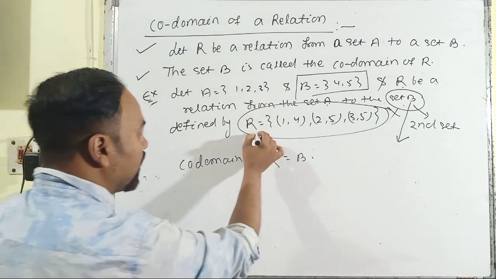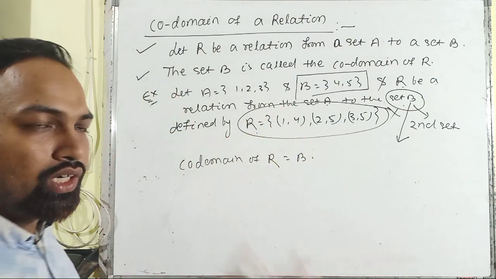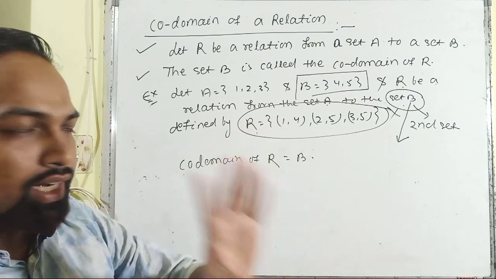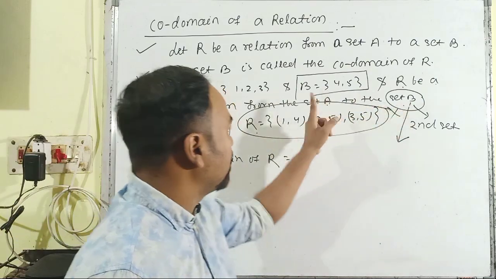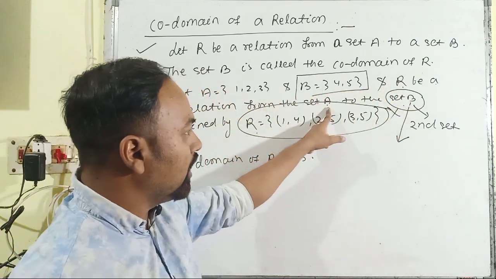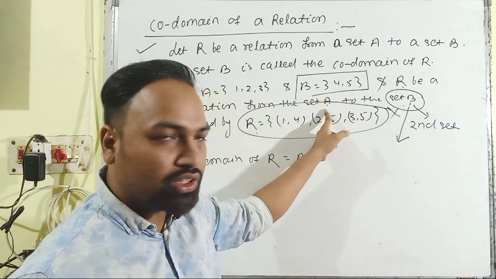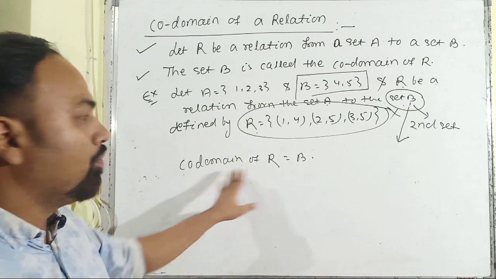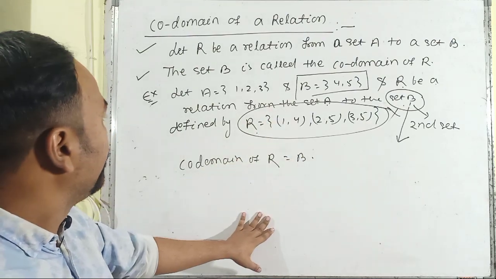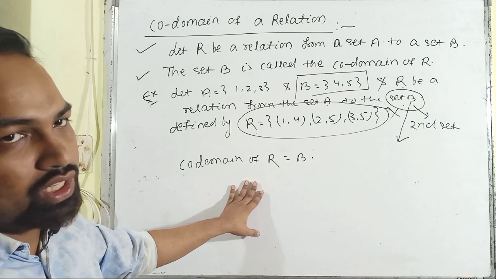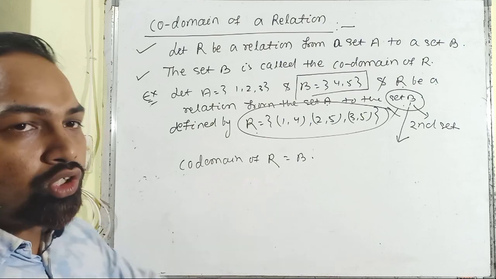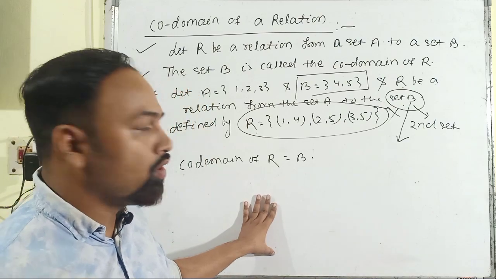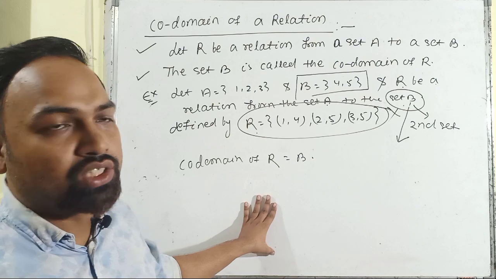We don't need to look at what the first components or second components are. Since R is a relation from A to B, the A set is the first set and the B set is the second set, and you simply put B as the codomain of R. It is very easy on the basis of the previous two, the domain and the range of the relation. So this is all about the domain, range, and codomain of a relation. Now we move forward to discuss the inverse of a relation.